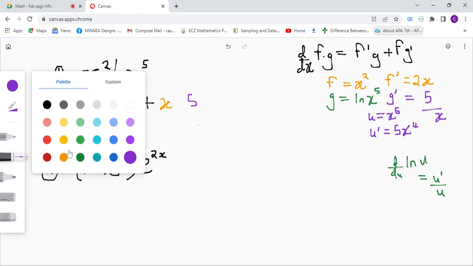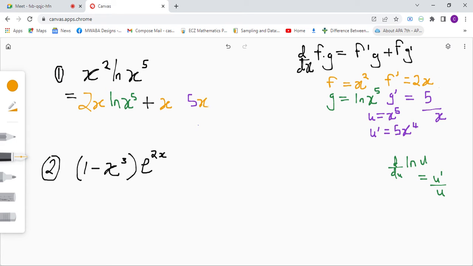Let me just write it properly. So our answer is 2x times the natural log of x to the power 5 plus 5x.